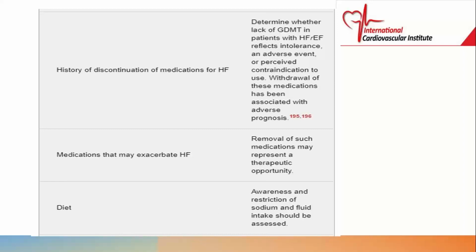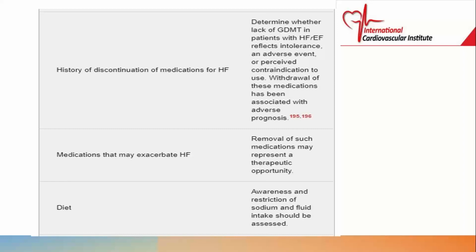In the history, also, you need to ask, is the patient taking the medicine? Because you might be prescribing all the right medicines, and then you find out the patient is not taking the medicine, or they may be intolerant to the medication. So a lot of patients will have a problem with the medicine, just stop taking it, and then they come back and you think they're taking it.